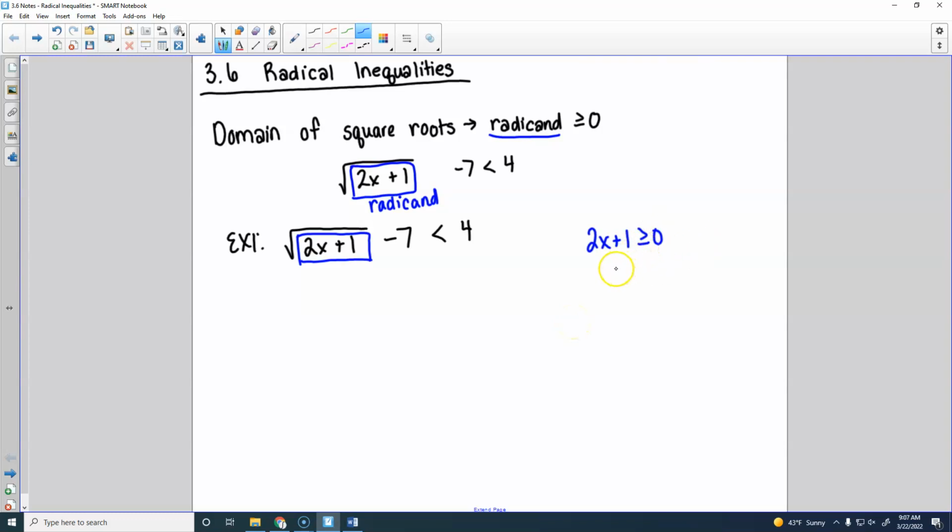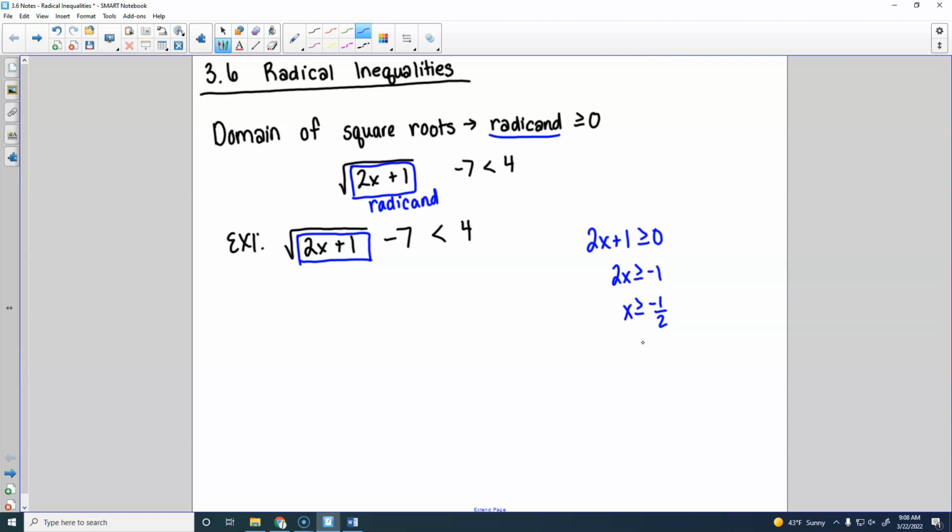If we solve that, 2x has to be greater than or equal to negative 1, so x has to be greater than or equal to negative 1/2. So this has to be true for this equation. It may or may not conflict with part of our solution, right? You may end up using this, and it may not end up changing anything about your answer depending on the problem. But we have to think about it at the beginning of every one of these problems.